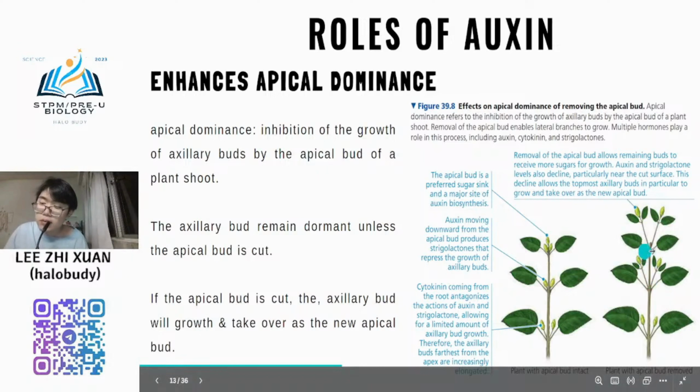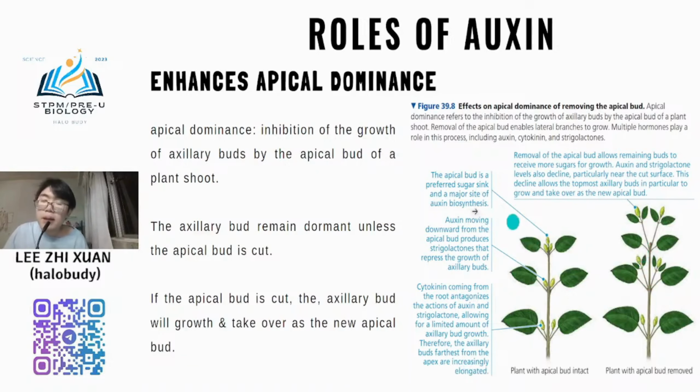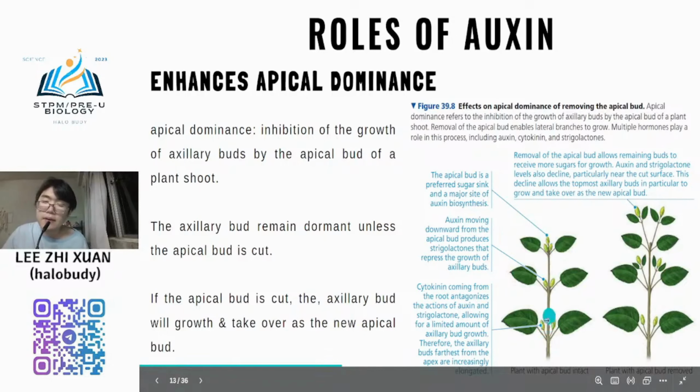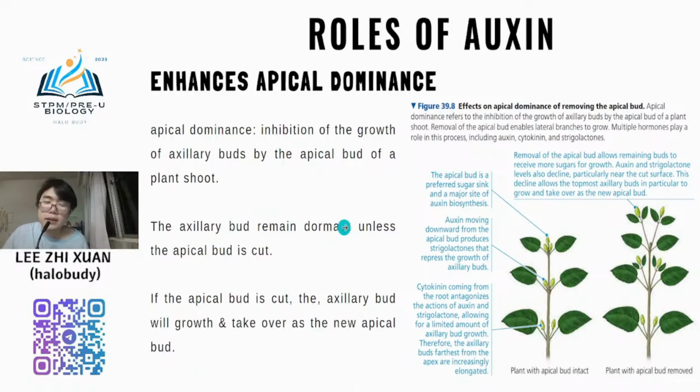This one is without the apical bud. We know that the apical bud is the place that secretes a high amount of auxin. So the axillary buds remain dormant unless the apical bud is cut. You will see the axillary buds here remain dormant, meaning they will not grow or branch like this.